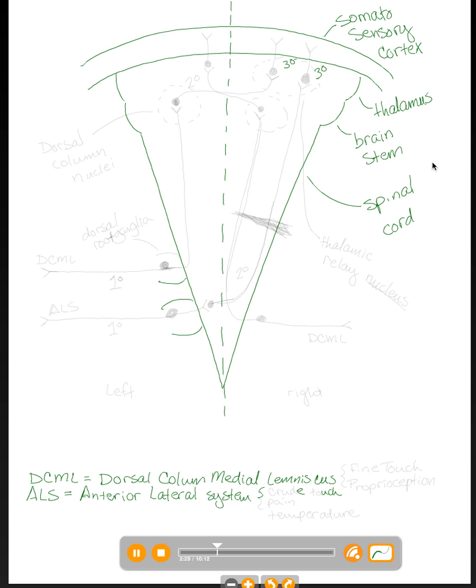Now the important distinction between these two pathways is what type of information they're receiving. The DCML pathway brings in information about fine touch, and something called proprioception.